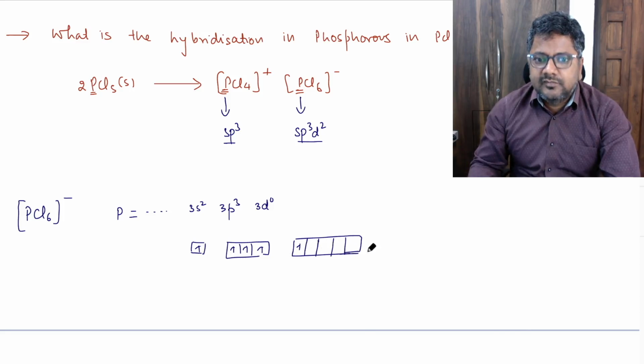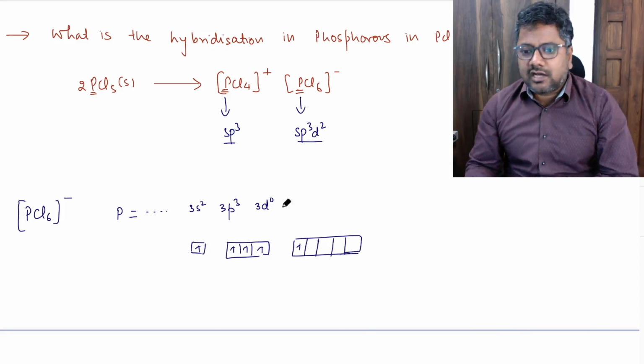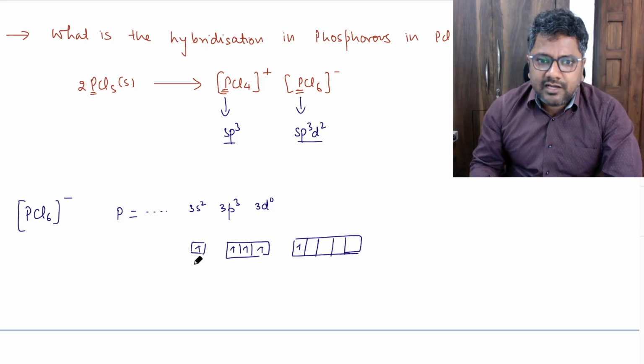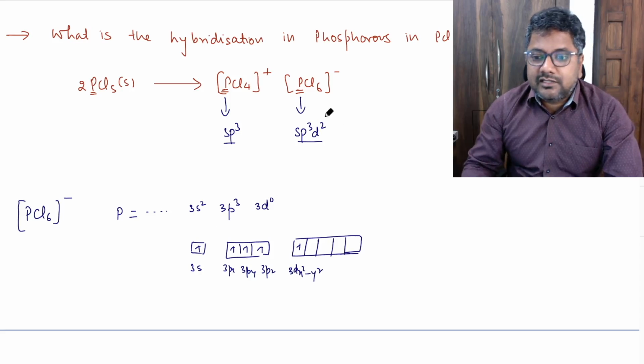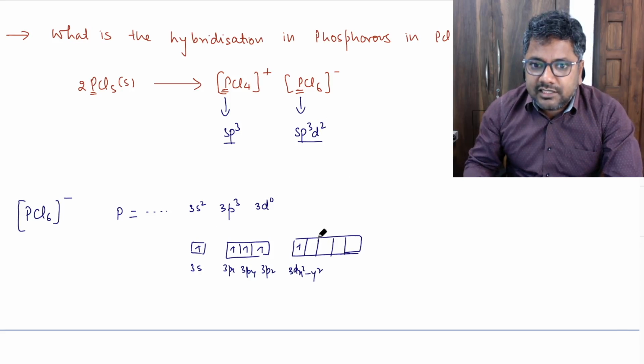See. So in this case, what orbitals are involved in hybridization? This is 3s, this is 3px, 3py, 3pz, and this is 3dx2-y2. But here, sp3d2 means one of the d orbitals should also be involved here, 3dz2 without electron.